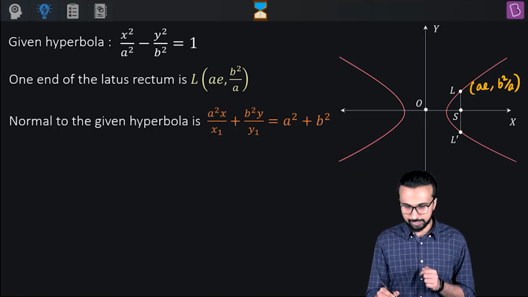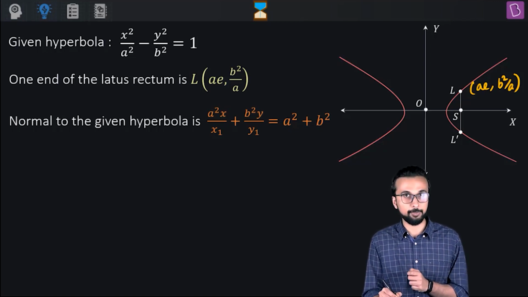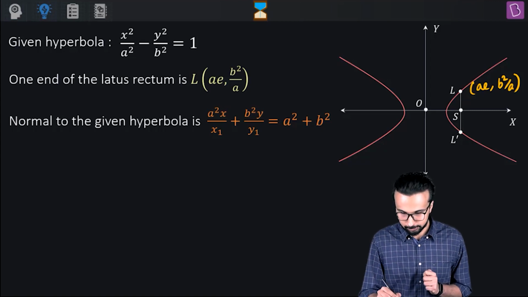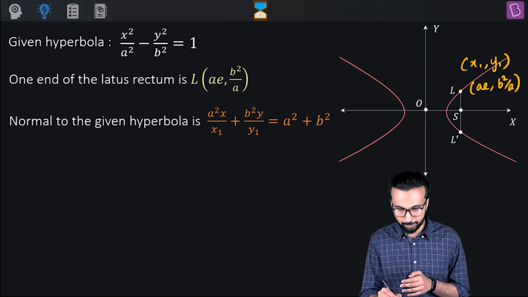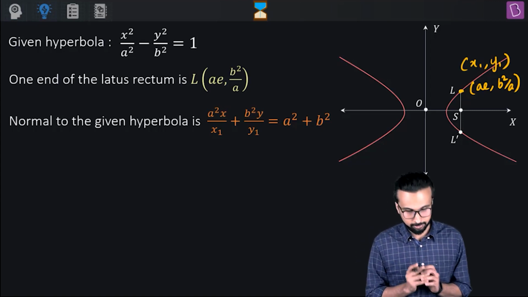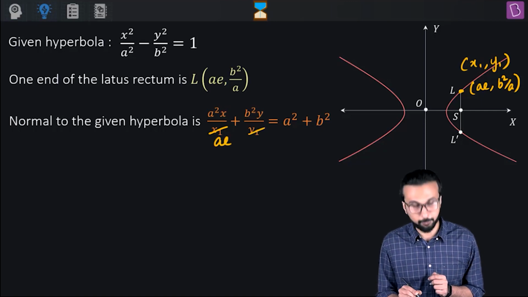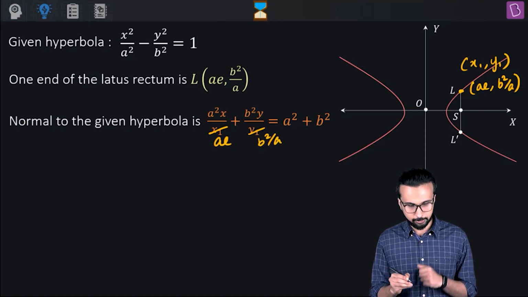Now, it's given to us that it goes through the point. This normal has to go through the point L, which is one end of the latus rectum, AE comma B square by A. So, this normal is applicable for the point x1 comma y1. So, we take that as L, which means instead of x1, I can place AE, and instead of y1, I can place B square by A. What does this equation become?